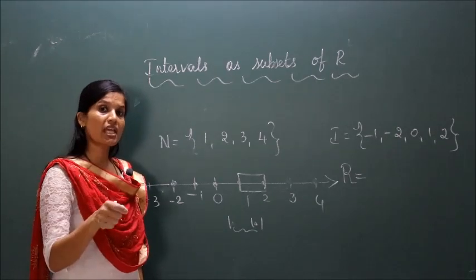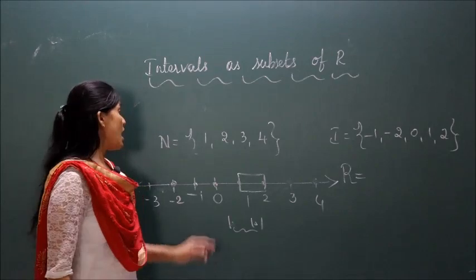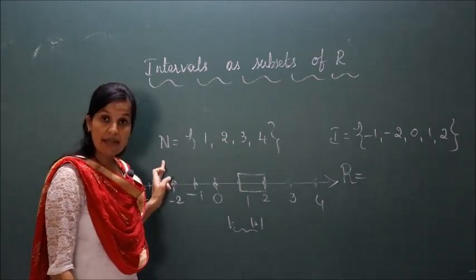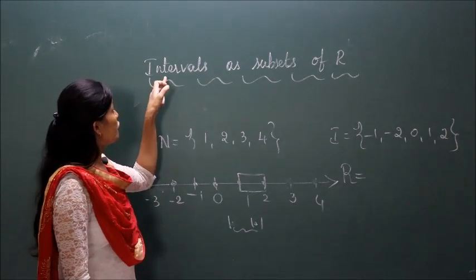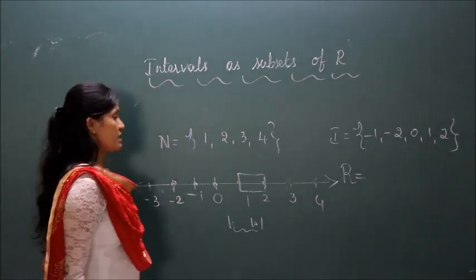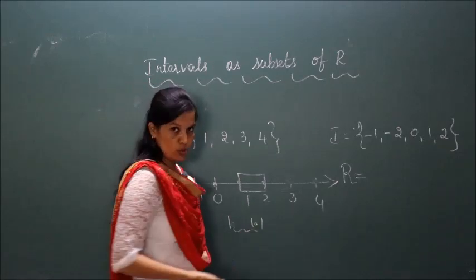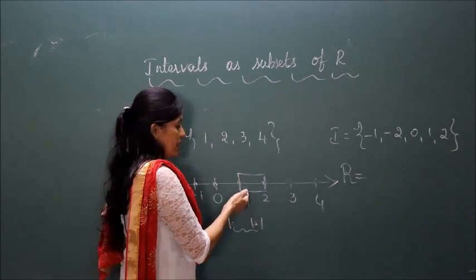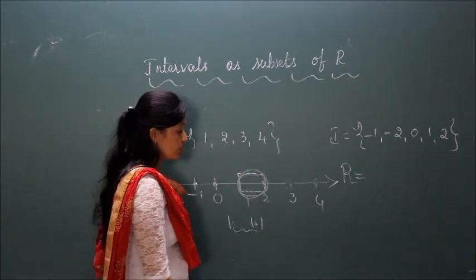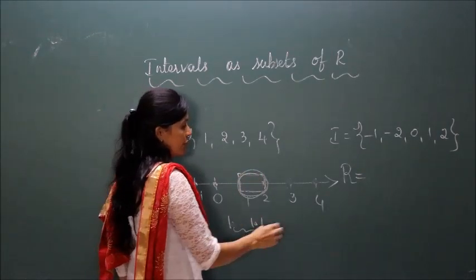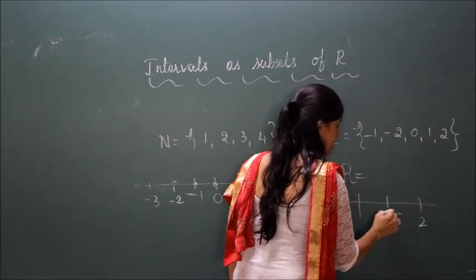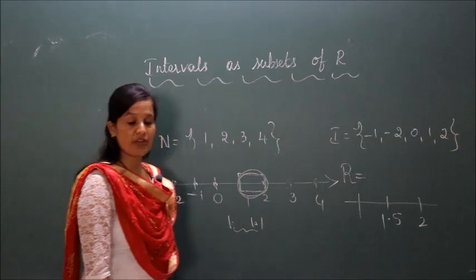So when it comes to the case of real numbers, I cannot represent it in the form of a set. I have to represent it in the form of an interval. For example, in between 1 and 2, there is a number 1.5.